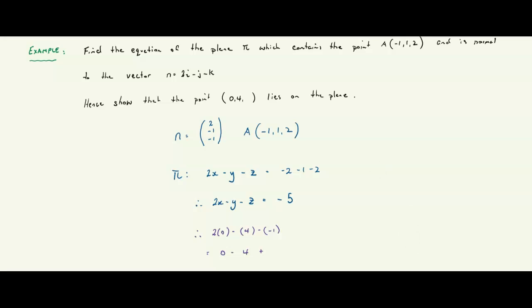So let's just fiddle that. That's a 1 there. And therefore, what we would get here is we're just subtracting 1. And so we'd get -4 subtract 1, which is -5. Satisfies the equation. So you'd say, therefore, the 0, 4, 1 lies on pi. And we're done. Okay, I think exercise 11M is yours for the taking.